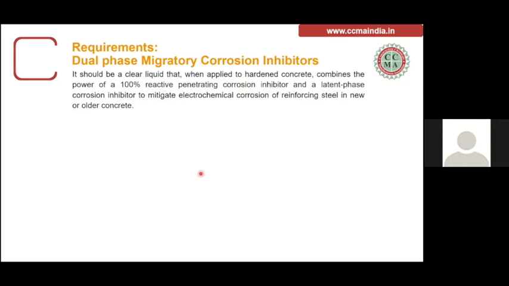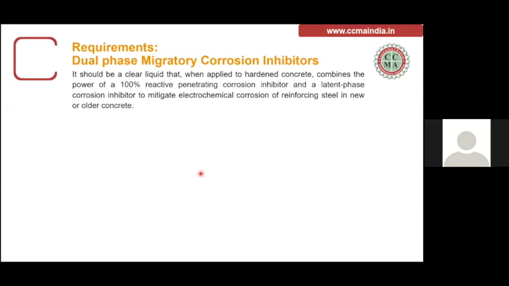Now, the latent phase is very important because we all understand that eventually, over a period of time, because of the exposure conditions, my concrete is going to crack, and when these cracks appear, the latent phase corrosion inhibitor part comes into the picture, and it further penetrates into the concrete and increases its barrier system.